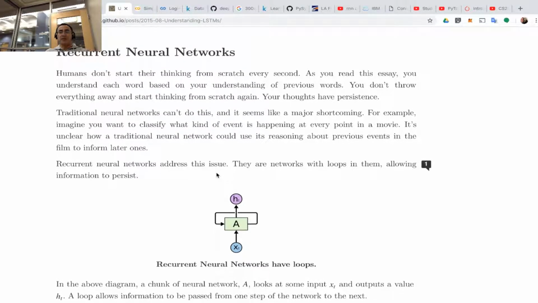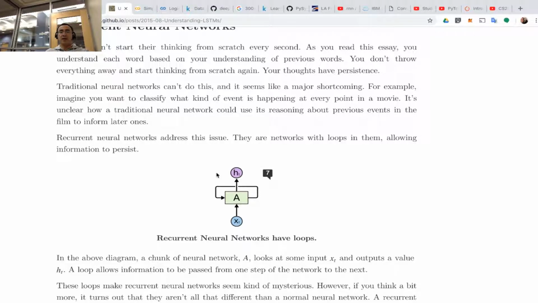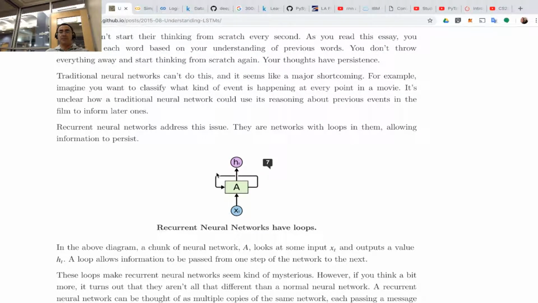Recurrent neural networks address the issue. They are networks with loops in them, allowing information to persist. This is the input at time t.